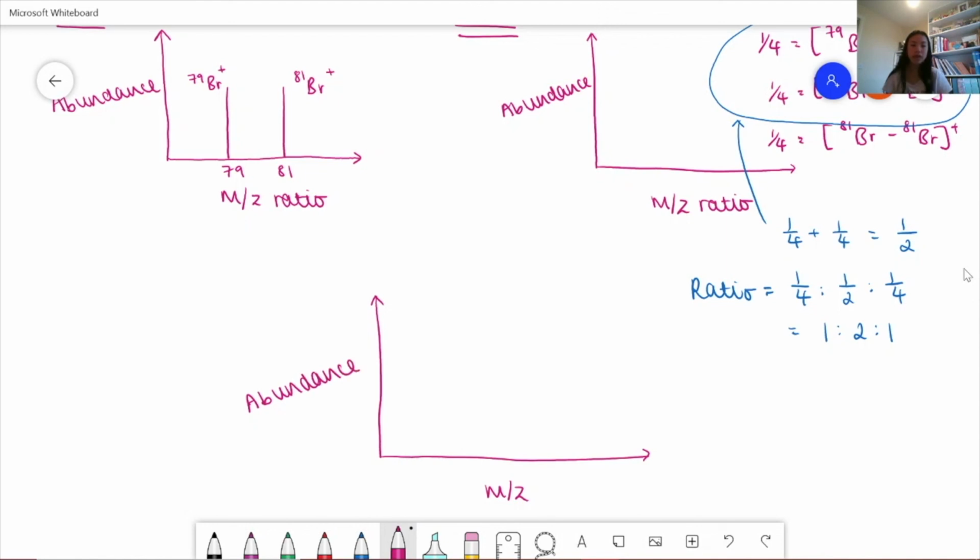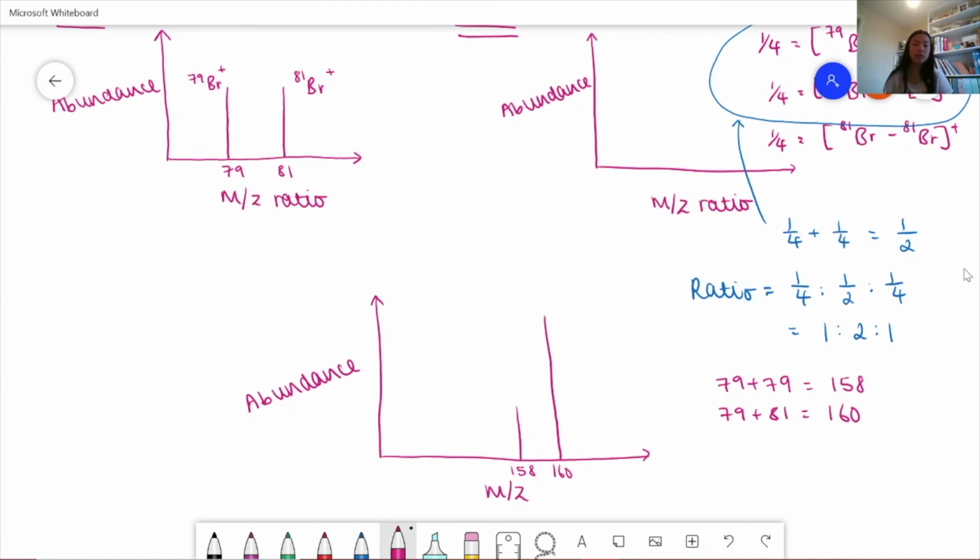And then we have a peak at 79 plus 79, and that is equal to 158. And then we'll have the second peak at 79 plus 81, which is equal to 160. And this will be double the height of the first one.